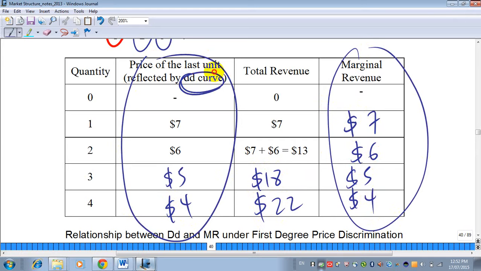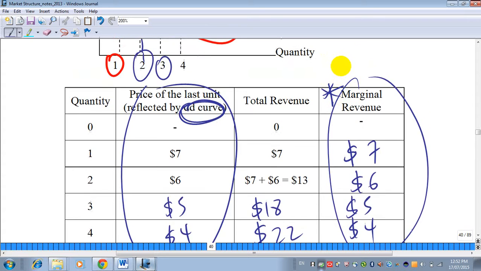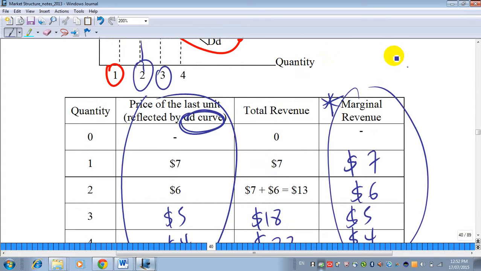The demand curve would be equivalent to the marginal revenue curve. Please highlight this result. I think I've gone through this with you before, but we can just go through this again. I don't think all of you got it the last time round. The demand curve is equivalent to the marginal revenue curve. And this is the result that we get under first degree price discrimination.